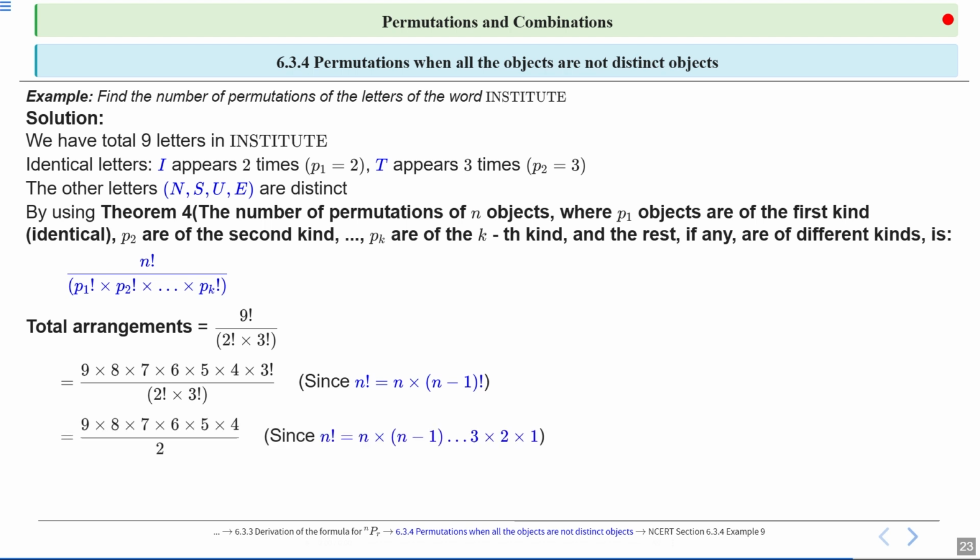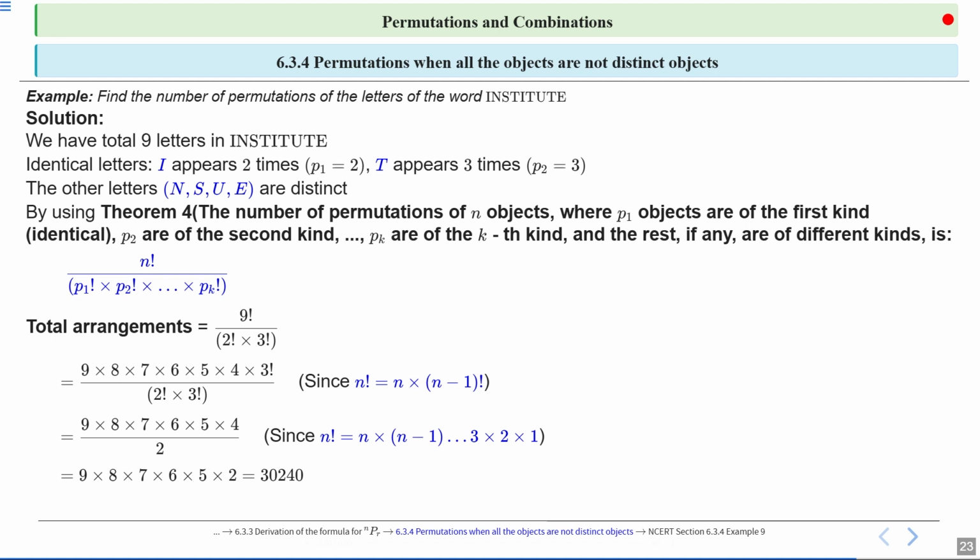Now we again use the formula n factorial is equal to n times n minus 1 into n minus 2 into dot dot dot 3 into 2 into 1, and we get 9 into 8 into 7 into 6 into 5 into 4 upon 2, and this is equal to 9 into 8 into 7 into 6 into 5 into 2, and after calculating you will get 30,240.